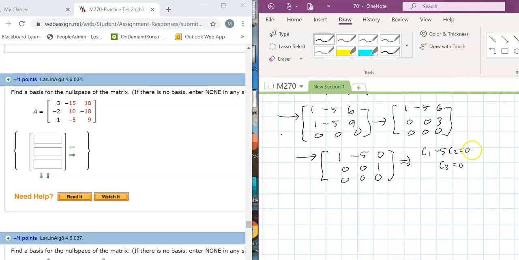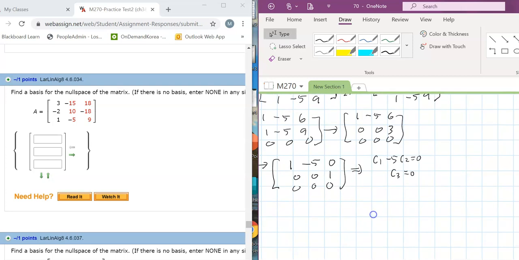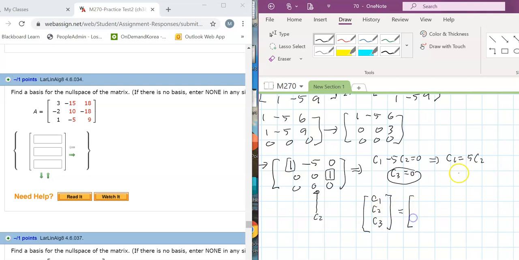Okay. So now this is a free variable, which is what? C2, because I have a leading one and a leading one here. So from here, C1 equals 5C2, where C3 is always 0. So C1, C2, C3, with C2 equal to T. Okay, so C2 is a free variable.